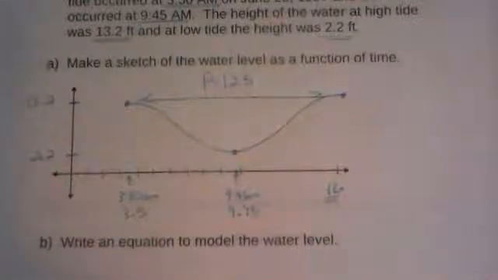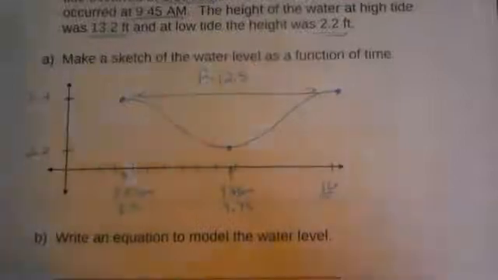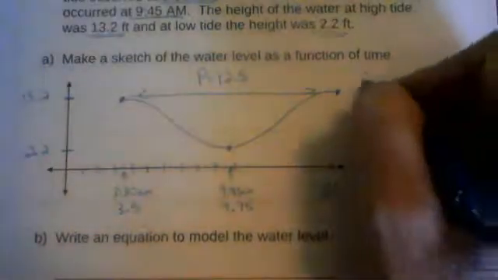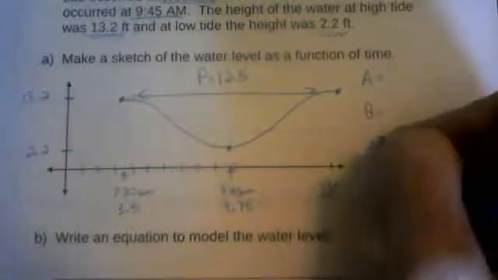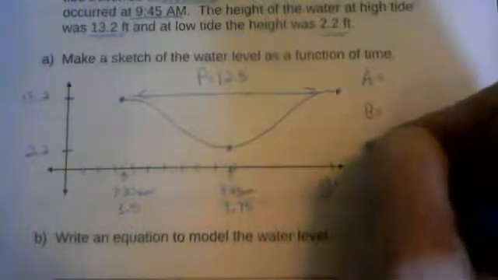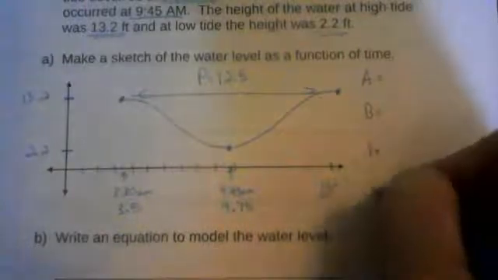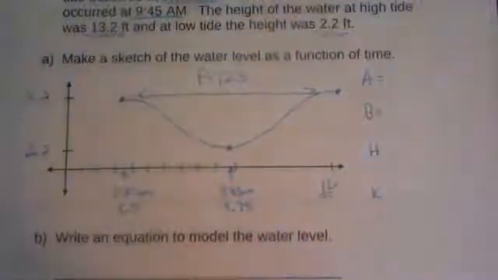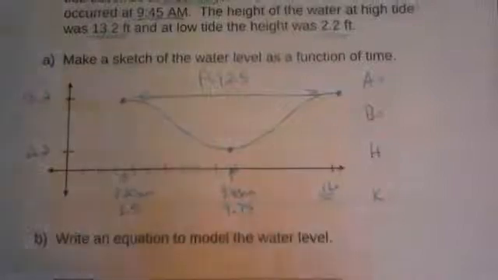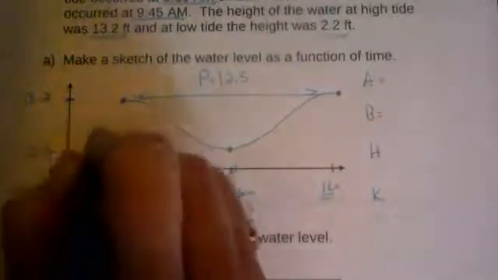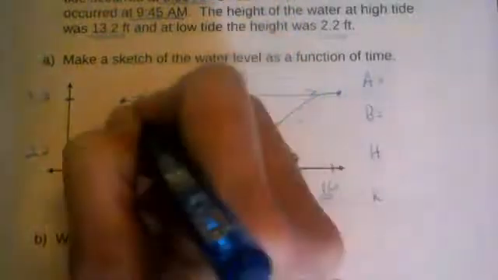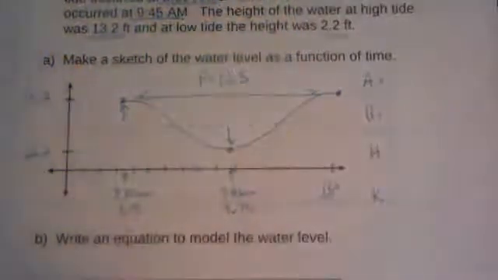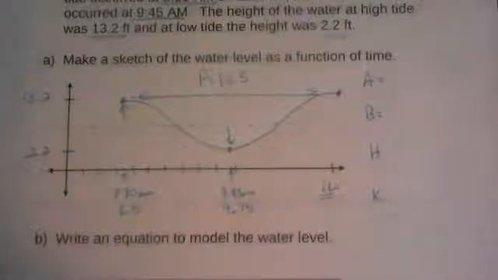All right, so what we need to do to write our equation is to find our amplitude, our B value, our left-right shift, so we'll just do H and K, and our up-down shift. All right, so amplitude. Well, the amplitude is the middle of the road line here. It's how high and low we go off of that middle line. So we haven't really been dealing with the formula much. We've just been eyeballing the graph.